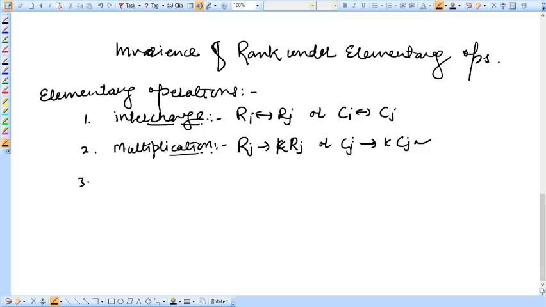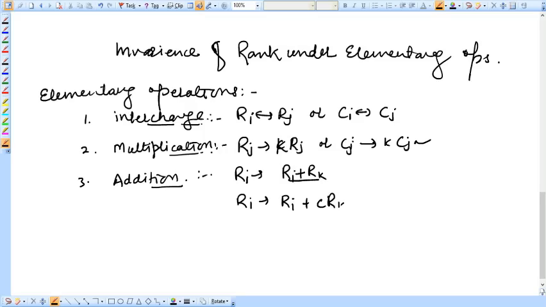Third and last elementary operation is addition of the elements of any line to the corresponding elements of another line. Like Ri is added to some other row Rk, or Ri is added to a scalar multiple of some other row Rk.